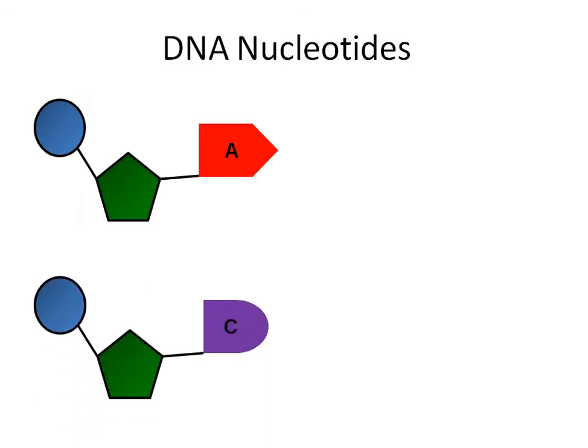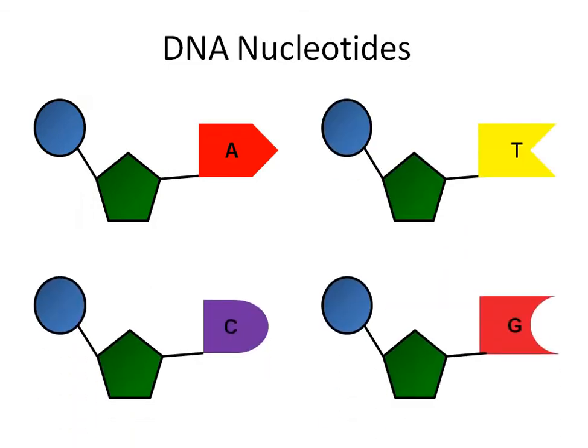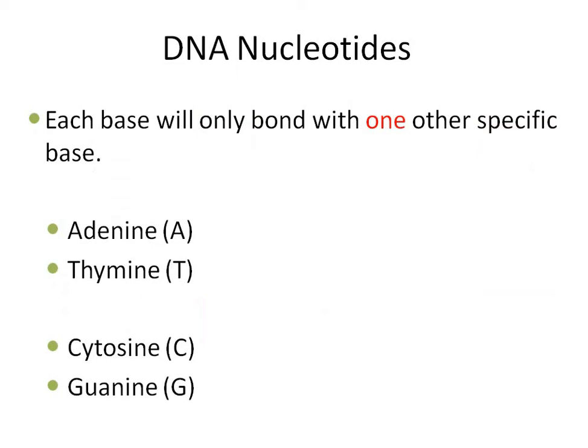Now, these four nucleotides, they show complementary pairing. And because of this complementary pairing only, the two strands of DNA are attached with each other. Now, adenine always pairs with the thymine, and cytosine always pairs with the guanine.